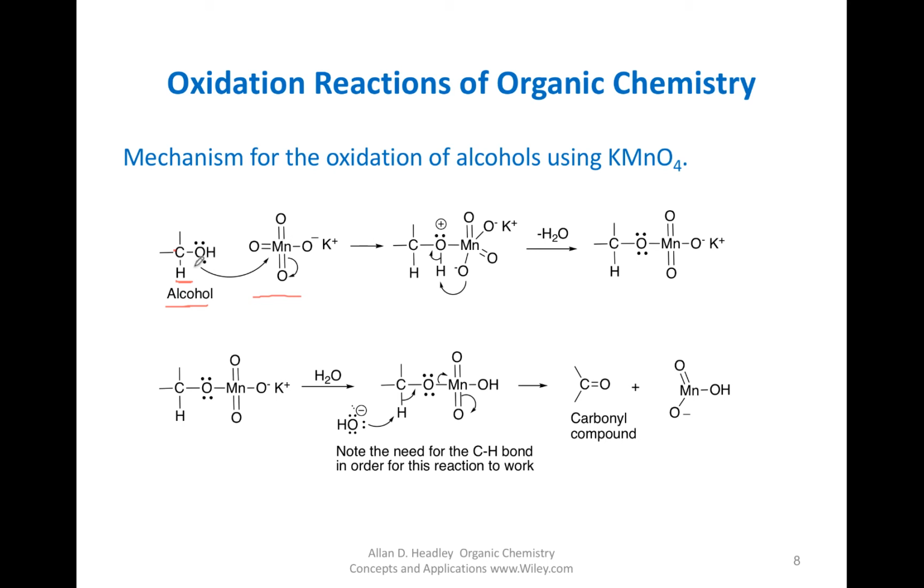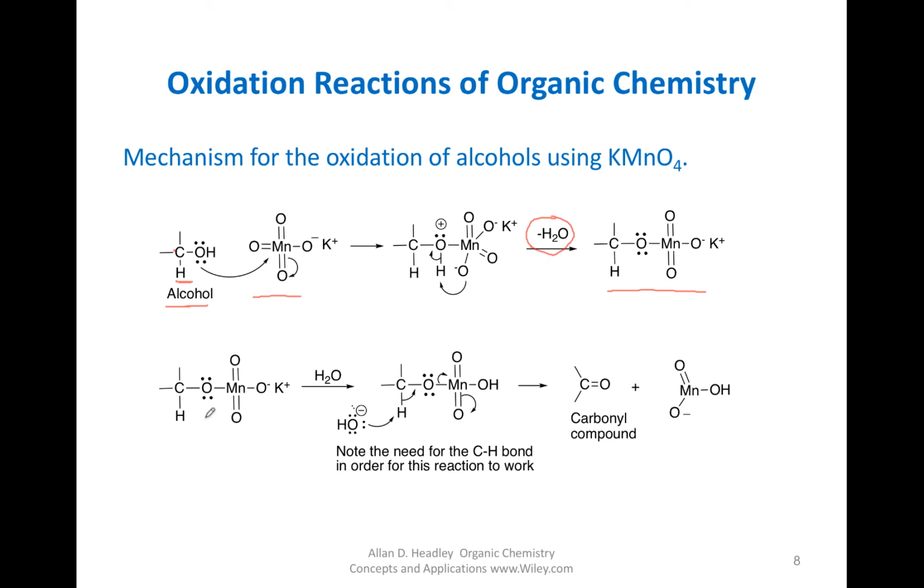So we have electrons here. It will attack this very electropositive manganese to produce this. As you can imagine, this base will attack this proton here to neutralize it, to get this as an intermediate, and of course water is liberated in the process because we've lost an oxygen.